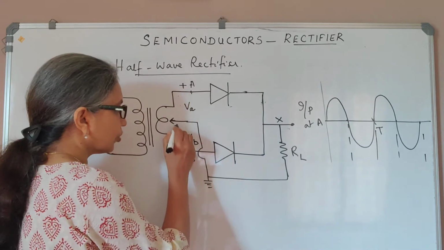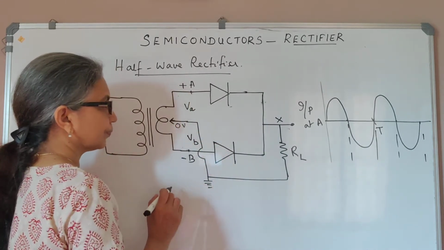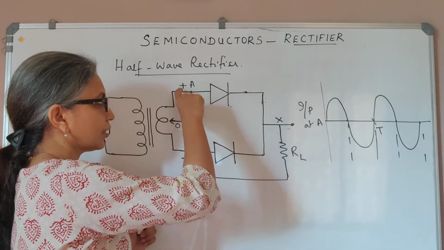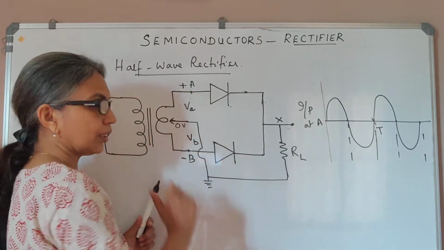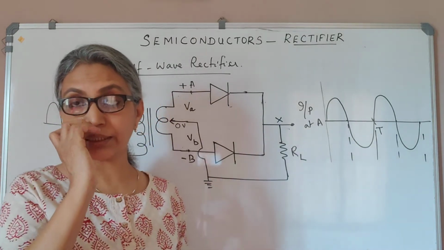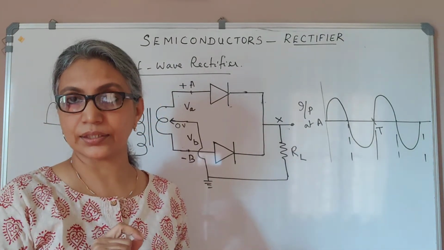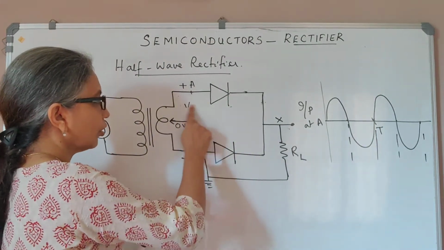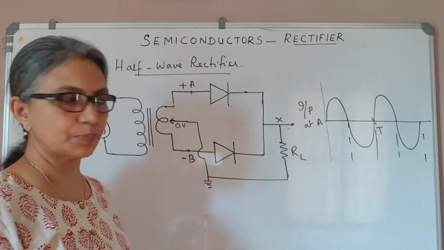So this is going to be 0 volts. You will see that these two voltages are of opposite polarity. When this is positive, this end will be negative. So a center tap transformer is a normal transformer, except we have a wire connected at the center, which divides the total voltage into two equal halves of equal magnitude but opposite polarity.